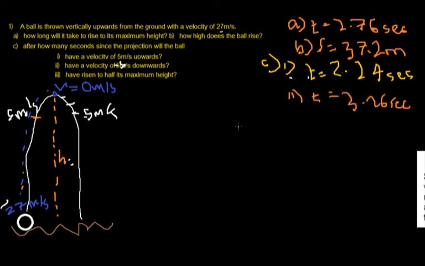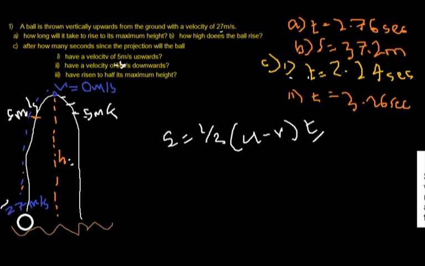Now the last question is, have risen to half its maximum height. S is equal to 1 on 2 (u minus v) multiplied by the time. It's asking how many seconds since the projection will the ball have risen to half its maximum height.